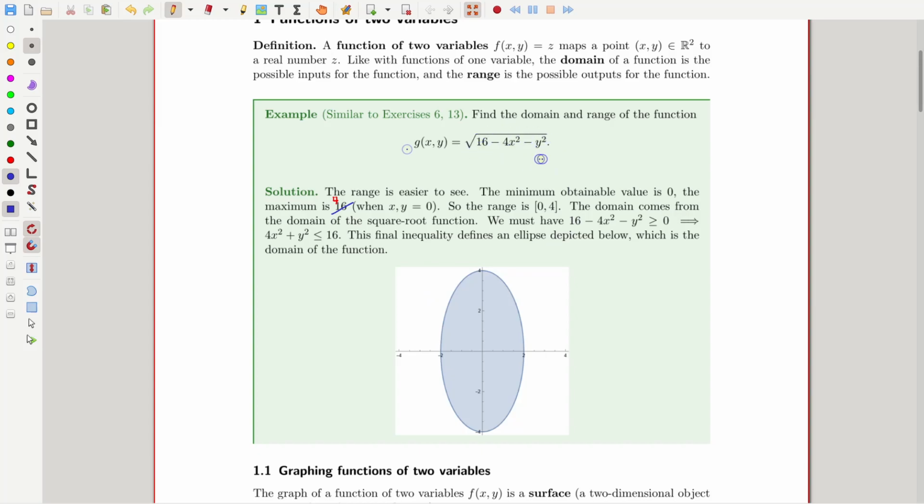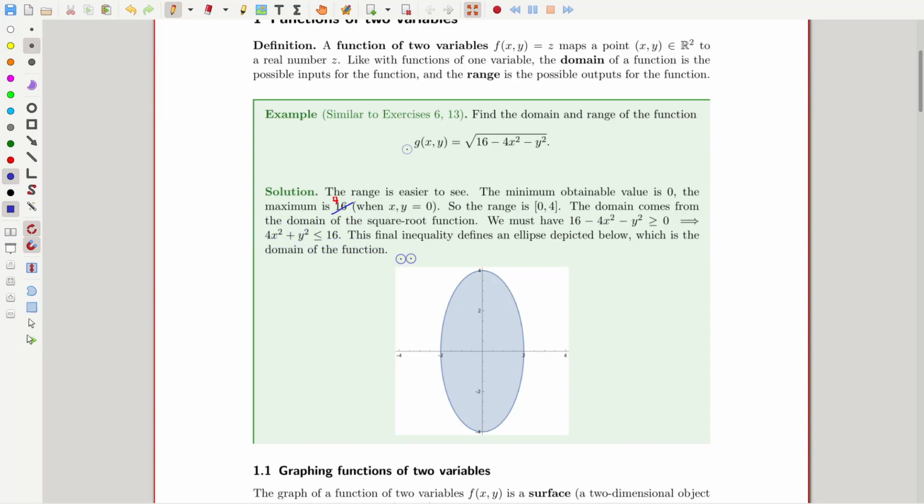For the square root to make any sense, the quantity inside needs to be greater than or equal to 0. That produces this inequality. All we can really do is move things around and simplify it a little bit, but we'll only end up with this. So this is how we would define the domain of the function. We can't do any better, really.